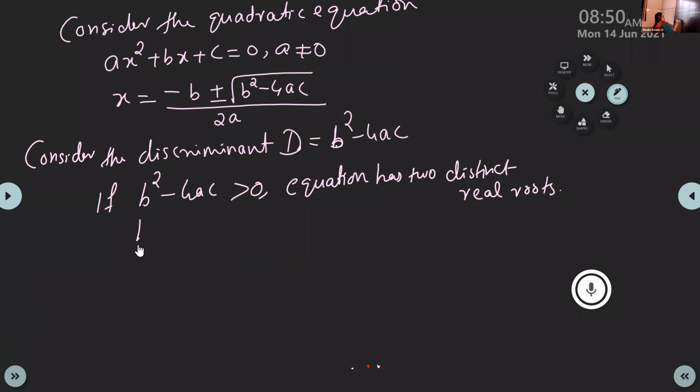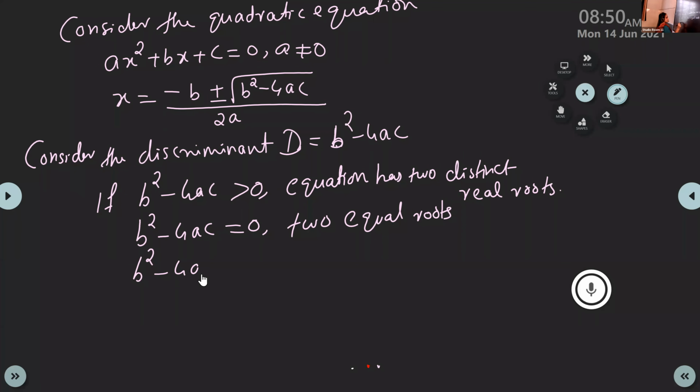And if b square minus 4ac equal to 0, two equal roots. If b square minus 4ac less than 0, no real root.